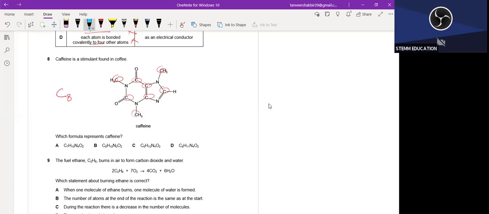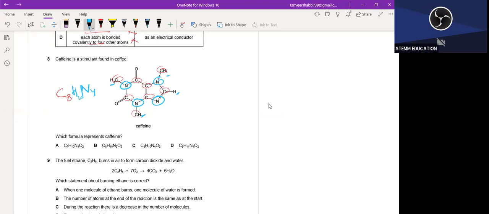Nitrogen is 1, 2, 3, 4, so 4 nitrogens are present. Hydrogens: 3, 6, 9, and this is 1, so a total of 10 hydrogens.